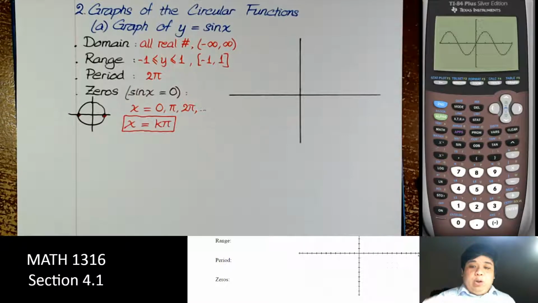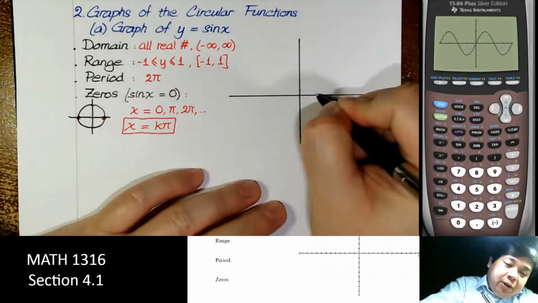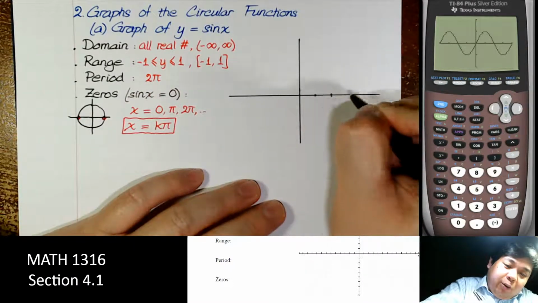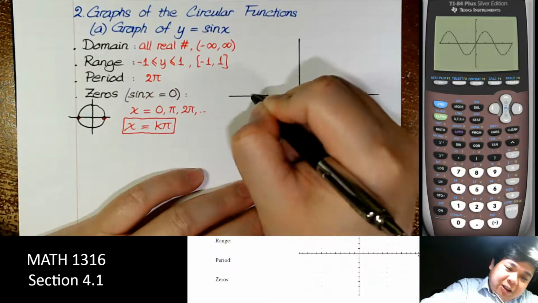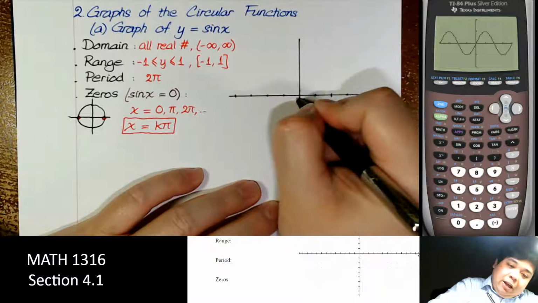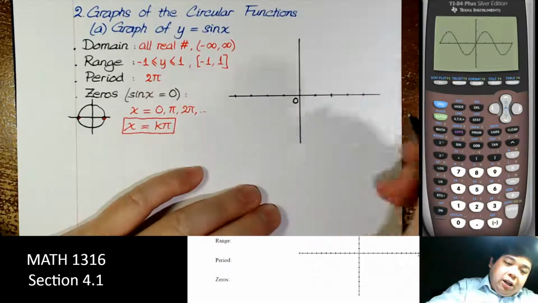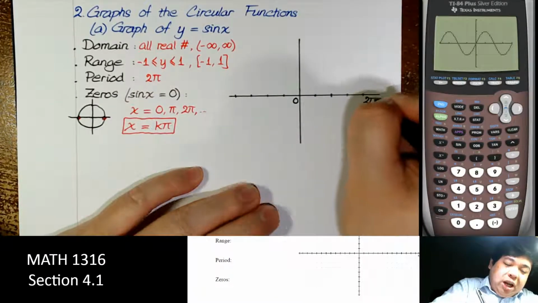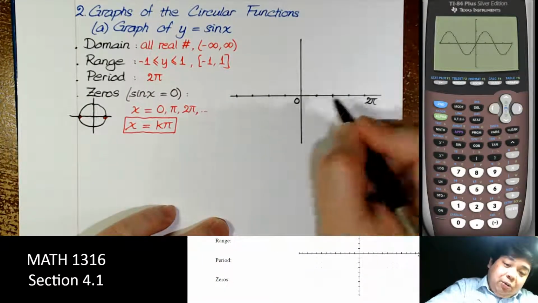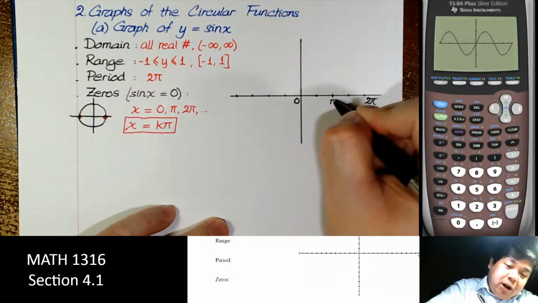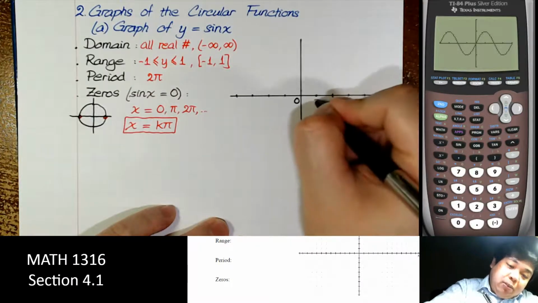Right. So we're going to do that same thing. So divide in 4 equal segments. The period is 2 pi. So we take a period, divide into 4 pieces. 2 pi cut in half is pi. Cut in half again is pi over 2.